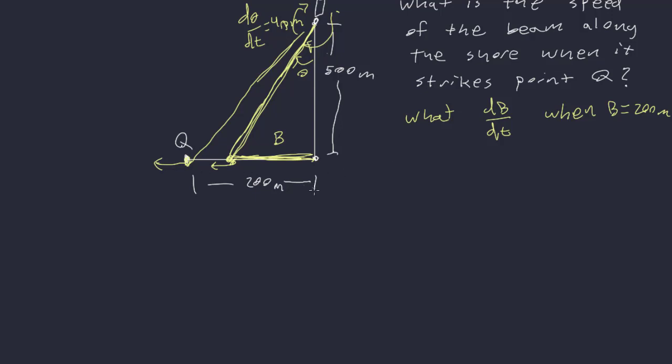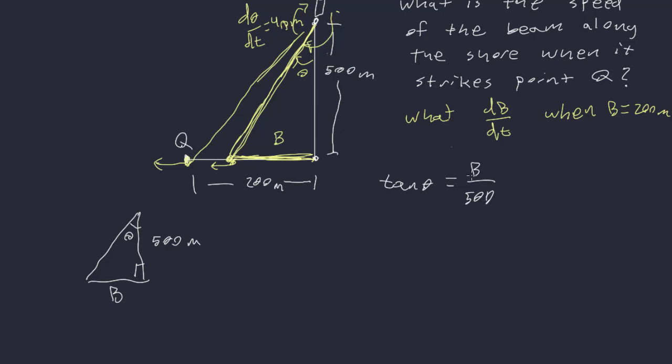But now I want to find a formula that basically relates the angle theta, its opposite side B, and its adjacent side 500. Okay, so once again, and this is pretty common, we can use tangent of theta, because tangent of theta is going to be the side opposite over the side adjacent.